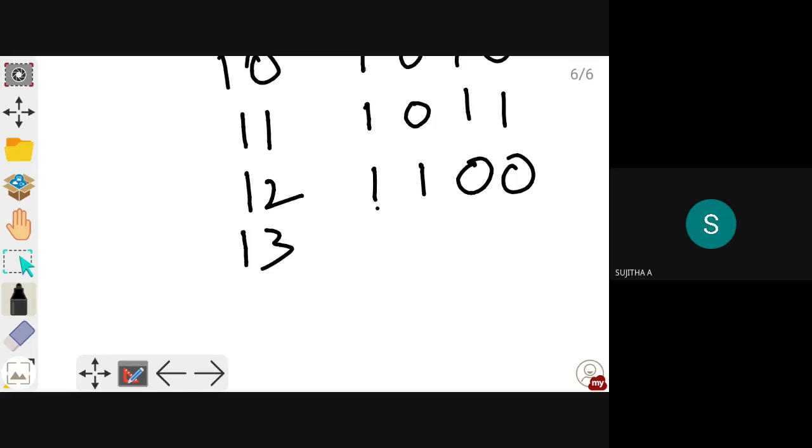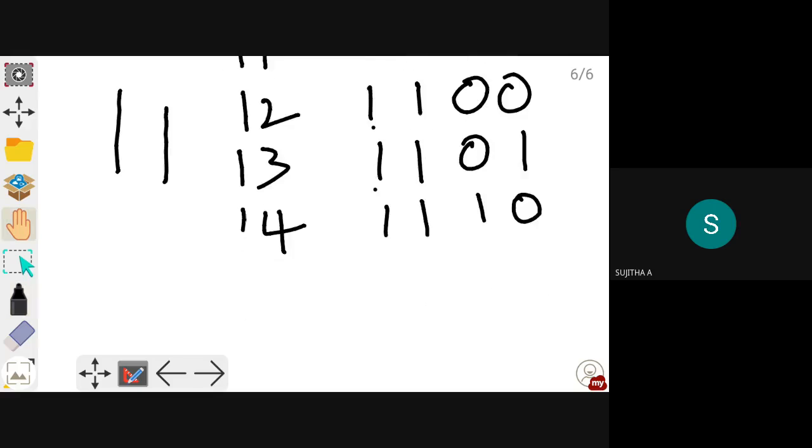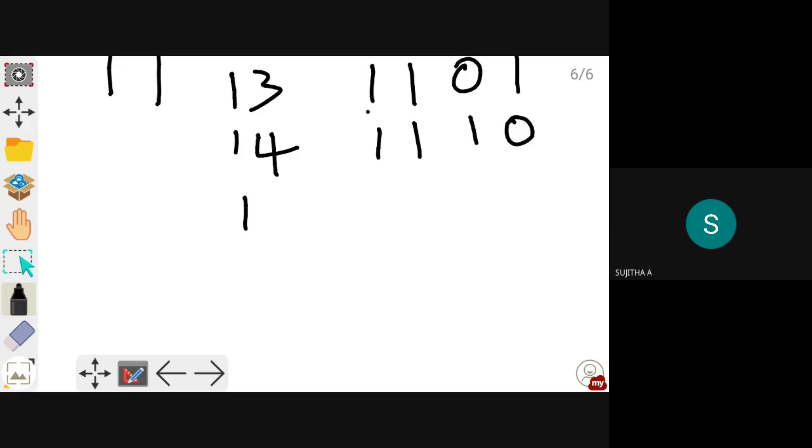Then 13 will be 1, 1, 0, 1. So 8 plus 4 is 12, 12 plus 1 is 13. Then 14 will be 1, 1, 1, 0. So 8 plus 4 is 12, 12 plus 2 is 14. Then 15 will be 1, 1, 1, 1.